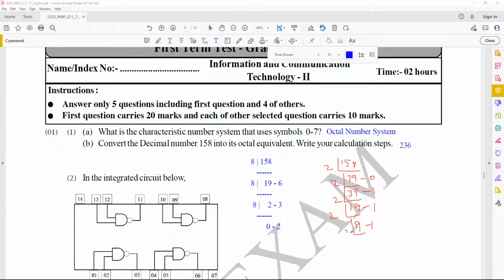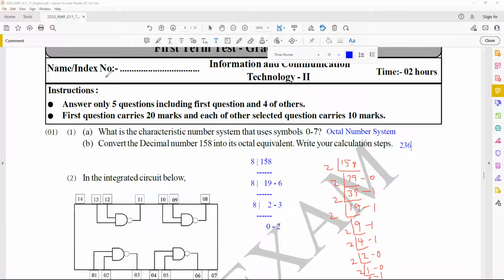Again, divide by 2, 4 is 1, and then this is divided by 2, this is 2, the remainder is 0. Again, divide by 2, this is 1, 0. Again, you can divide by 2, this is 0 and 1.